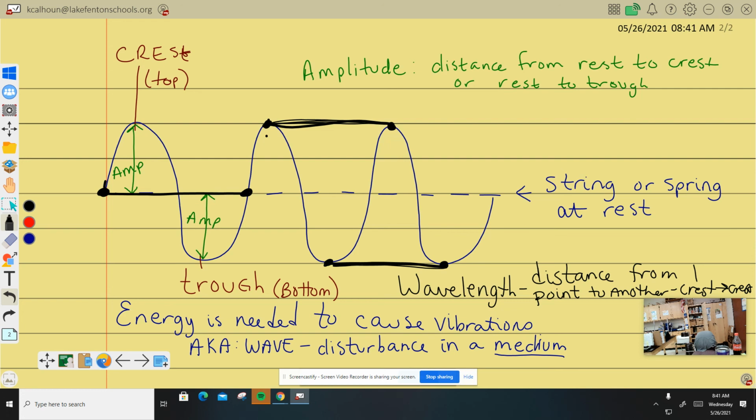Okay? We will abbreviate wavelengths with a Greek symbol, lambda. Wavelength is lambda. It kind of looks like an upside down Y. Some people think it looks like a 2. Sorta. Lambda is wavelength. So this is a wavelength. This part is a wavelength.